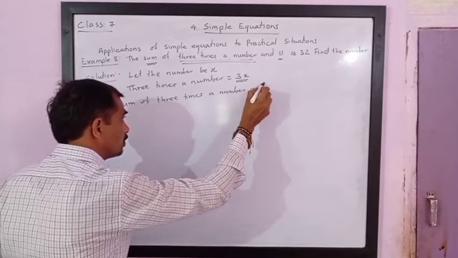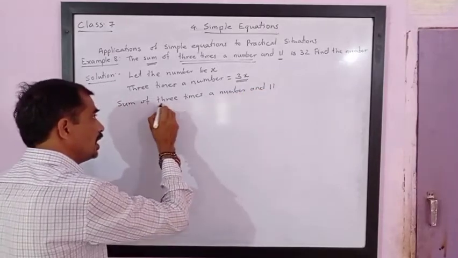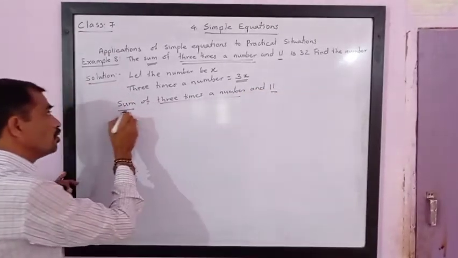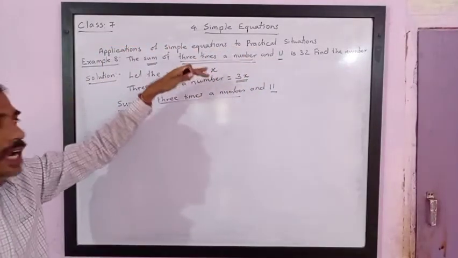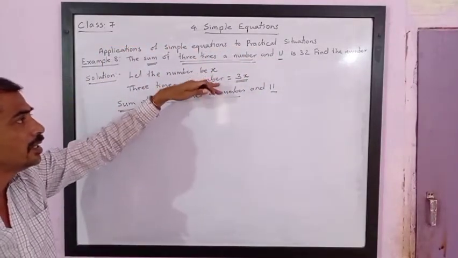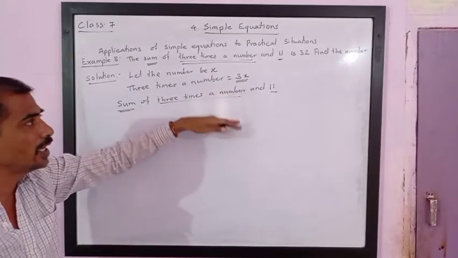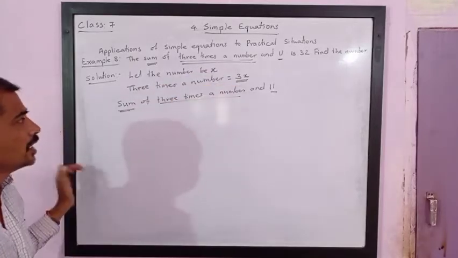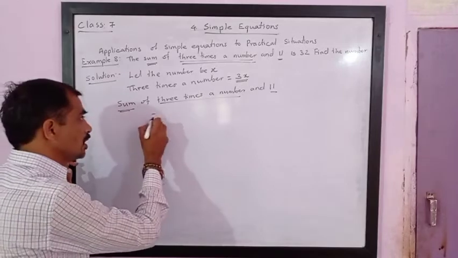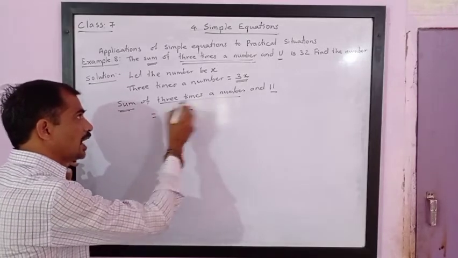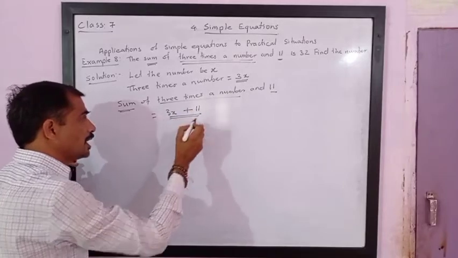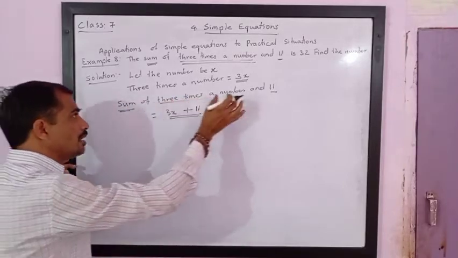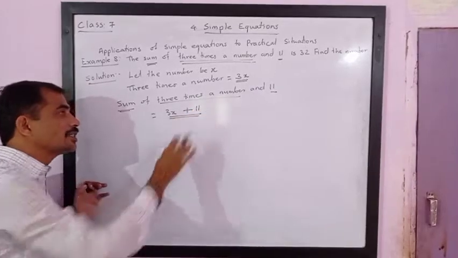This is what is written in sentence form, and we are writing it mathematically in equation form. 3 times a number is 3x, and adding 11 we get 3x plus 11. So the sum of 3 times a number and 11 is 3x plus 11.